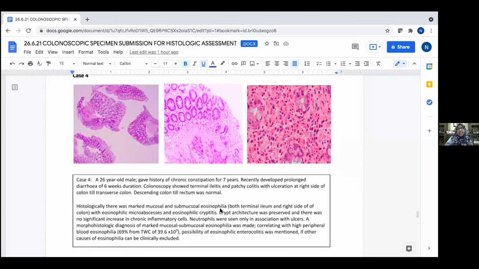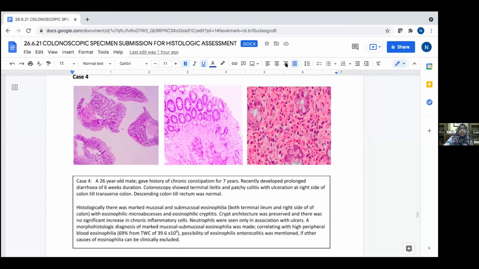So the next case is of a 26-year-old male with a history of chronic constipation for 7 years and recently developed prolonged diarrhea of 6 weeks duration, and scope showed patchy colitis with ulcerations in the right side of the colon and some inflammation of the terminal ileum.